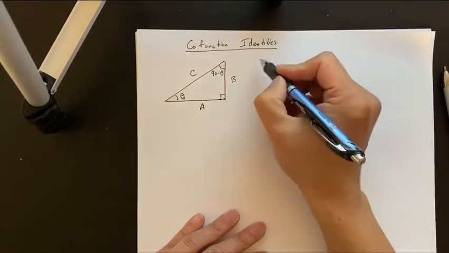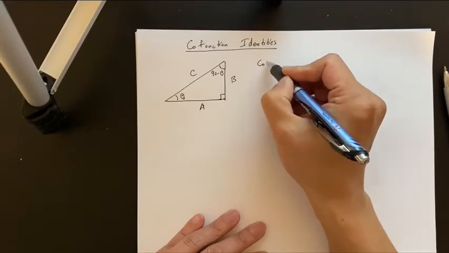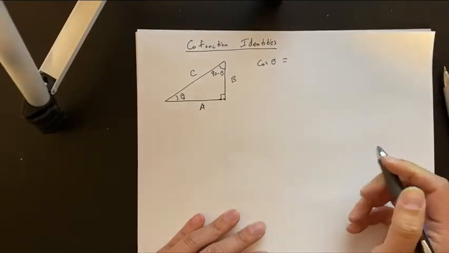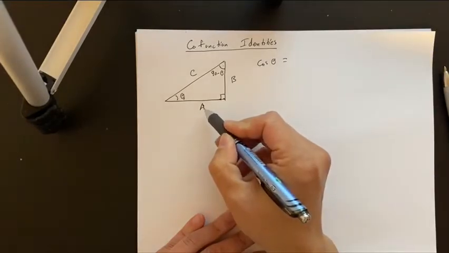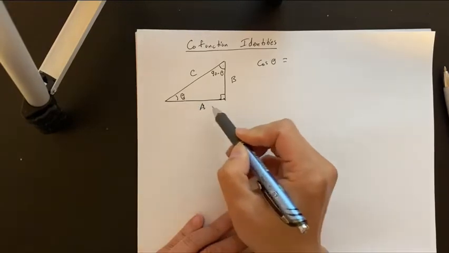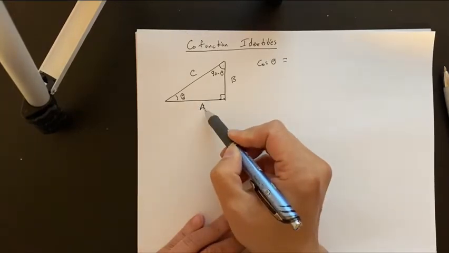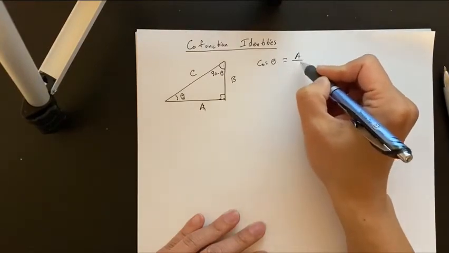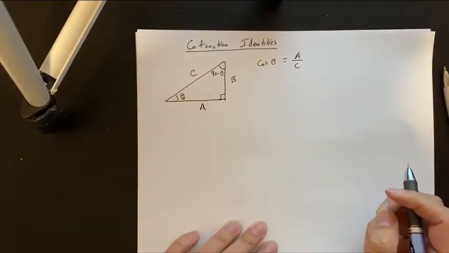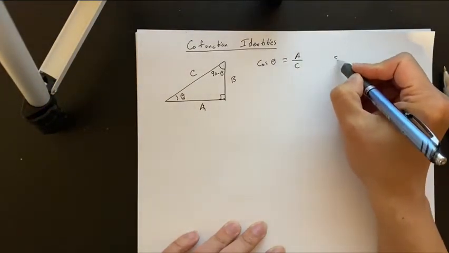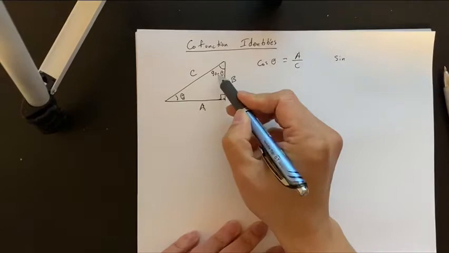Then by SOHCAHTOA, if I want to know what cosine of theta is, this is going to be equal to adjacent, which is A, over hypotenuse, and that's C. So cosine theta is A over C. How about sine of 90 minus theta?